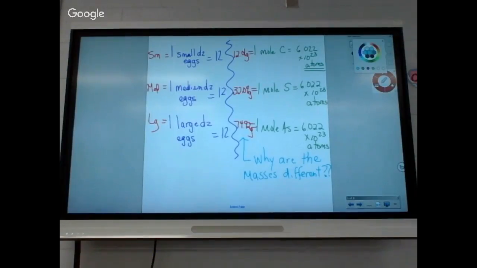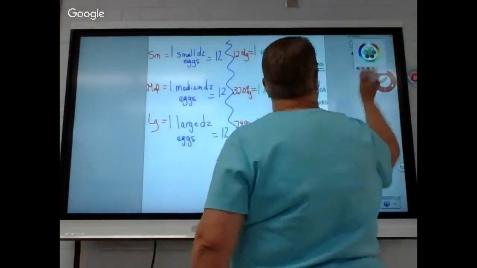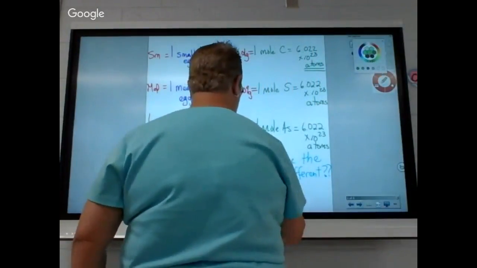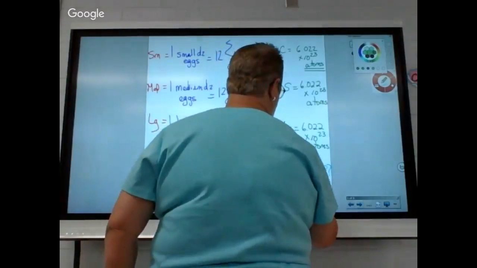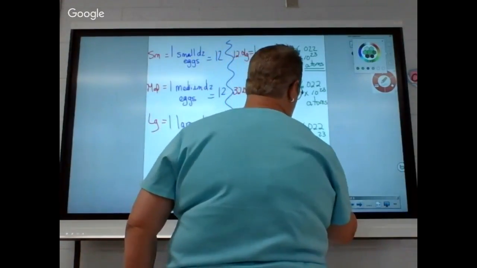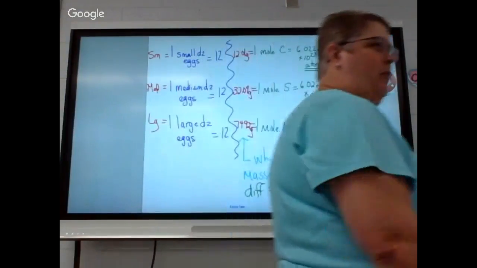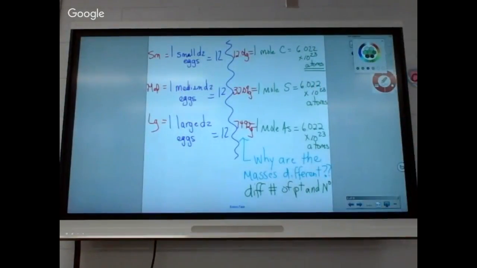All right. There are a different number of protons and neutrons in every one of those. You have the same number of atoms, but each atom has a different number of protons and neutrons inside of each of the atoms, which is what's causing them to have different masses. Okay? Does that make sense?